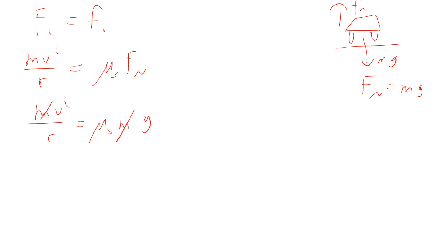Well, it turns out that the m's cancel, so v squared equals mu sub s rg. So v equals the square root of mu sub s rg. That means we can now find the fastest the car can go around the curve, because we know all those factors.